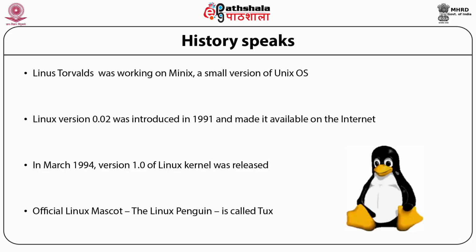And later, a lot of lines were added to this. In 94, a full version 1.0 of the Linux kernel was released. And you'll see the Linux mascot. Those who are using Linux as an OS, they will like to use this simple Tux, the mascot of the Linux operating system.